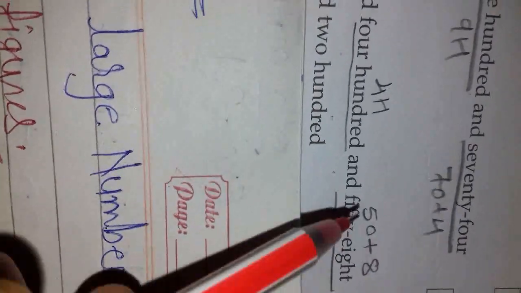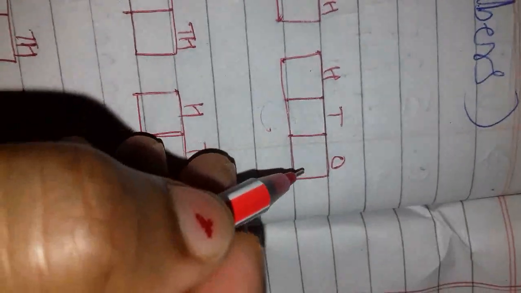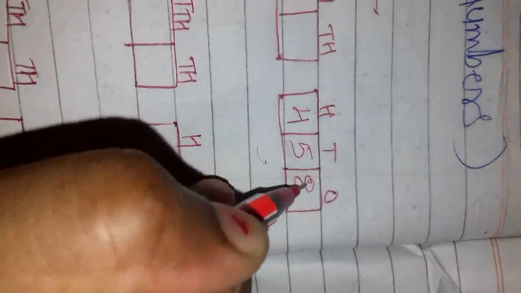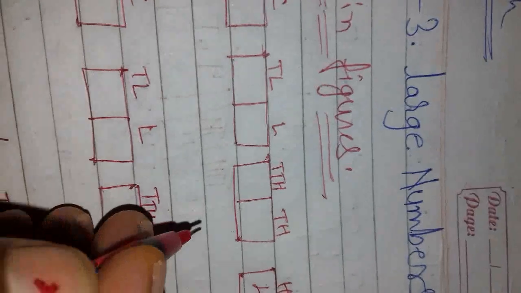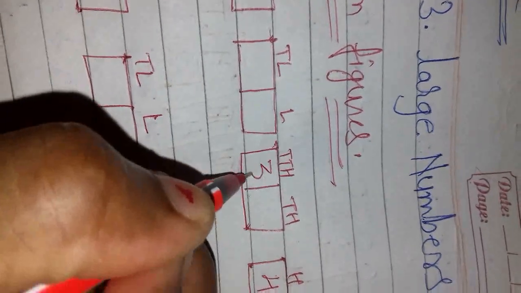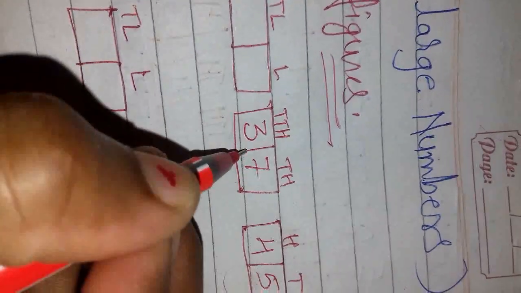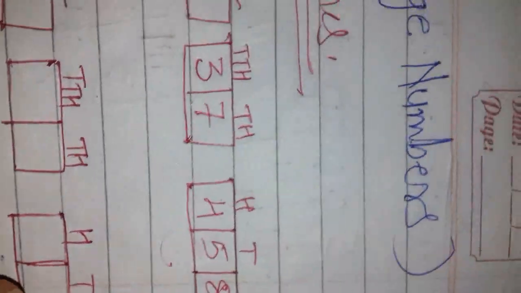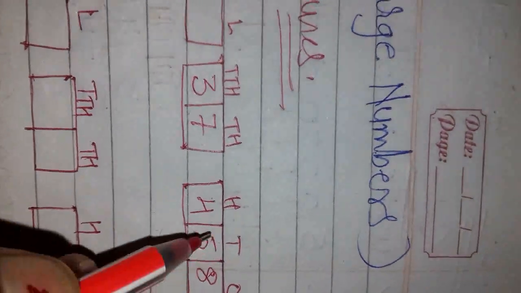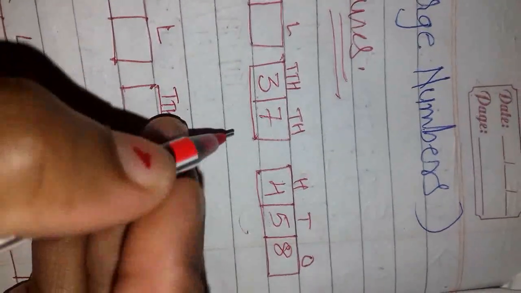In ones period we have 458, so we write 458. Then in 1000 period we have 37,000. It means at 10,000 3, at 1,000 7. 37,458.